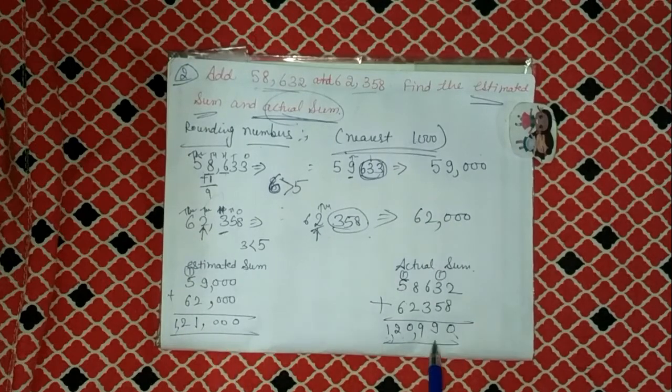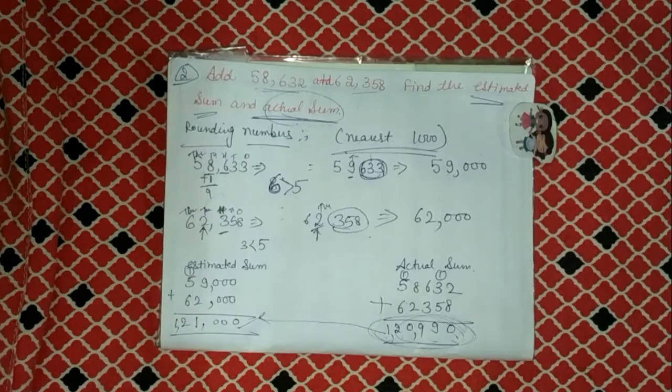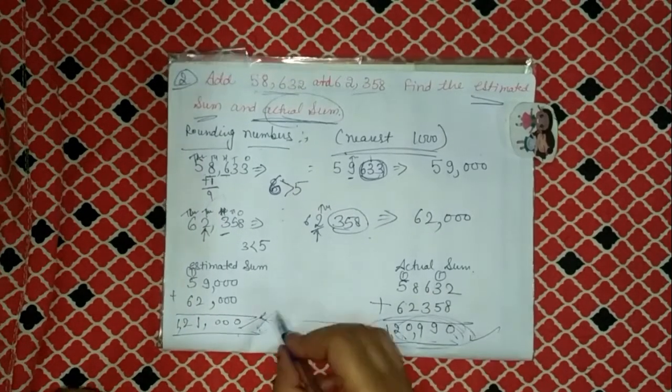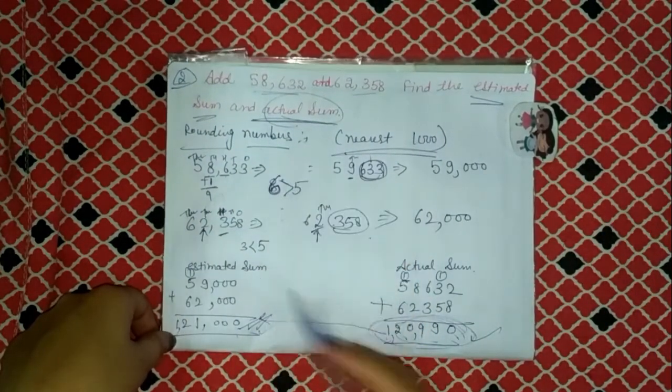If you see, just for verification I'm telling you, if you round off this number to the nearest thousand, the answer will be this only. Correct. So this is the relationship between these two things. And yes, these two are the answers, because they have told us to find the estimated sum here and the actual sum here.